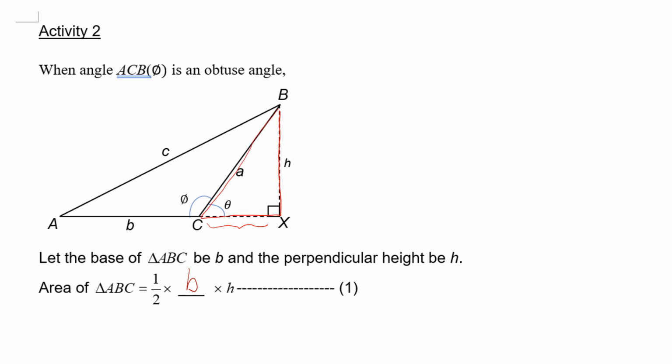And in this right angle triangle, I have the acute angle BCX, and I call it theta. I'm going to use this right angle triangle because I can only use SOH CAH TOA on a right angle triangle, not on the obtuse triangle. So in this right angle triangle BCX, I'm going to find the ratio for sine theta.